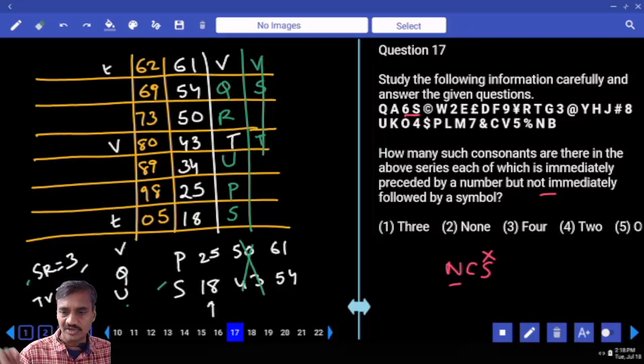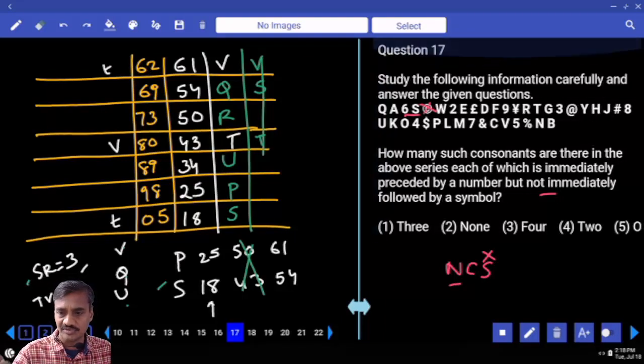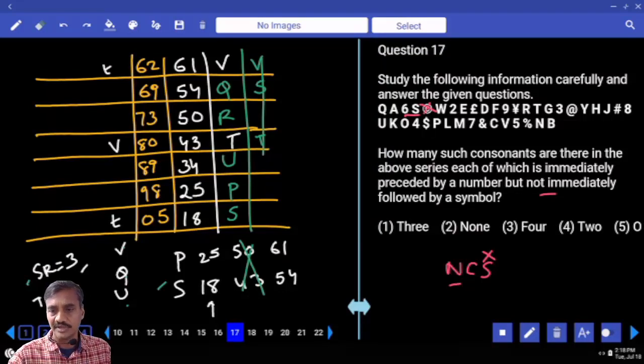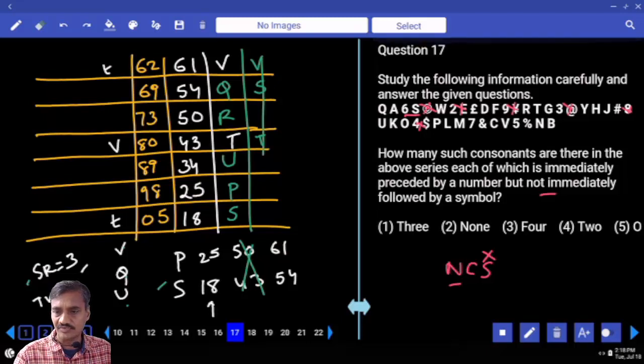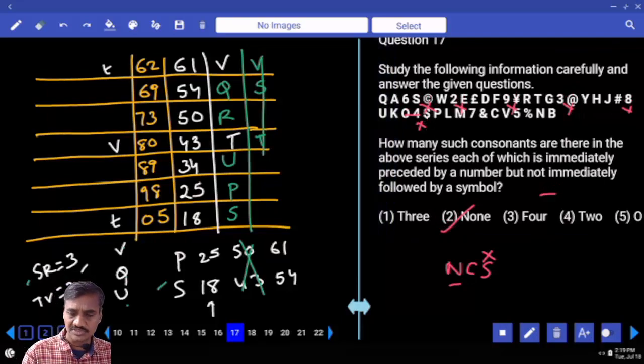Number is followed by consonant and is again followed by a symbol, which should not be the case. Number not followed by consonant, number not followed by consonant, isn't it? Then what is your answer here? None. None, that is choice 2, question number 17.